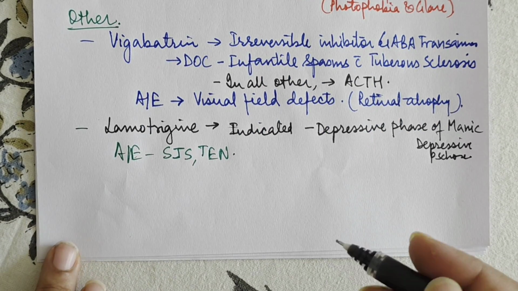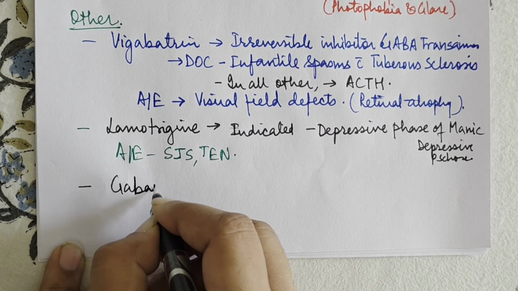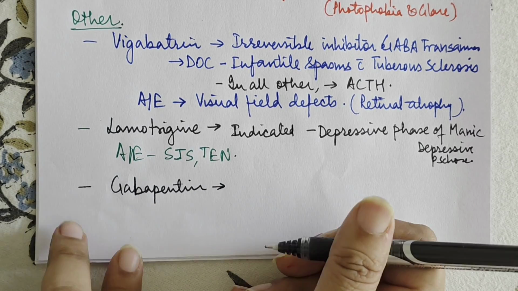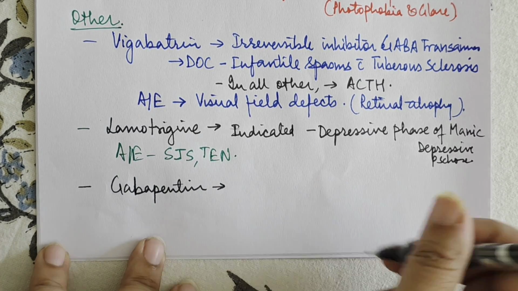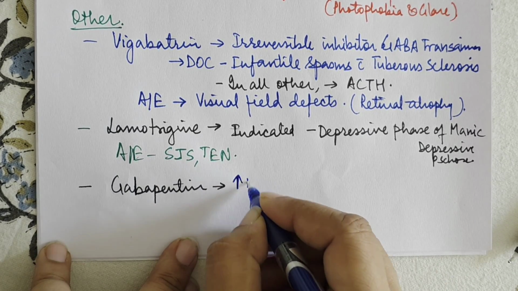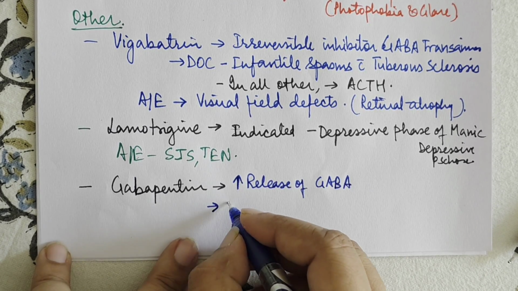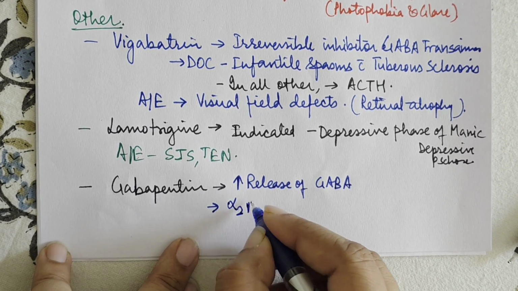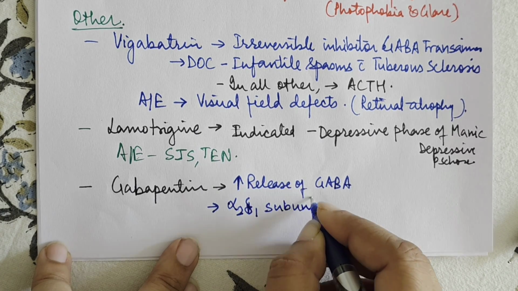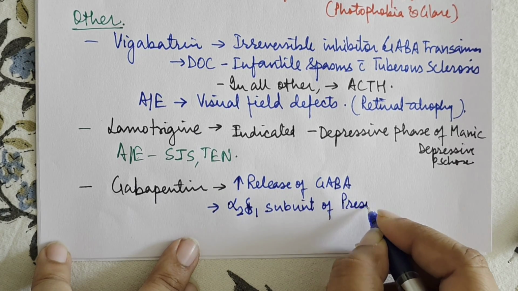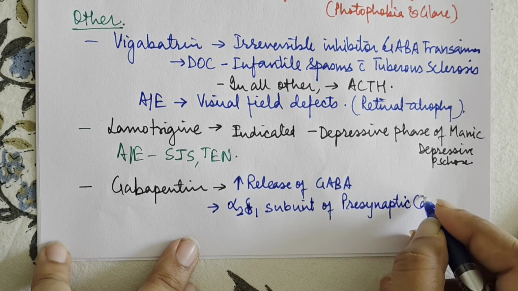Then the next drug that we have is gabapentin. Gabapentin has two mechanisms. It first of all increases the release of GABA, and it attaches to the alpha 2 delta 1 subunit of presynaptic calcium channels.